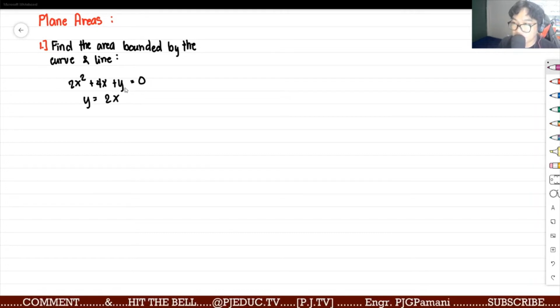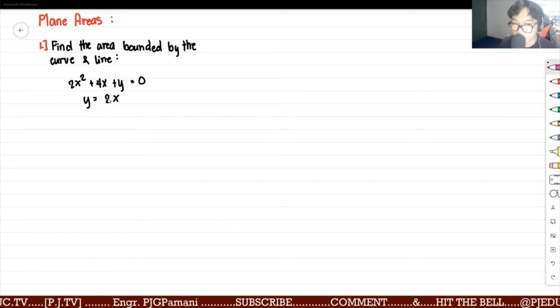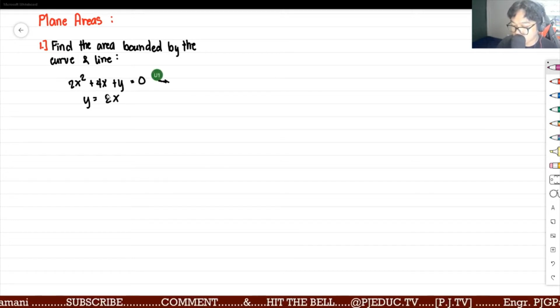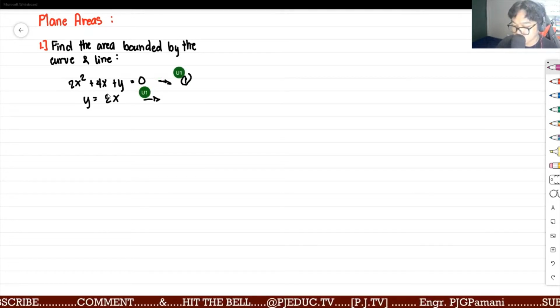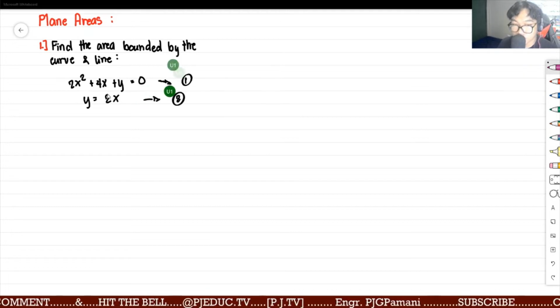Okay, which of these two equations is a parabolic curve and which is a line equation? Saan dyan si parabolic? Si 1 or si 2?